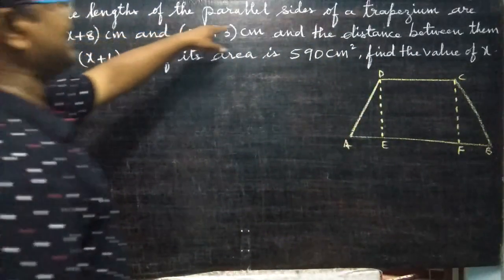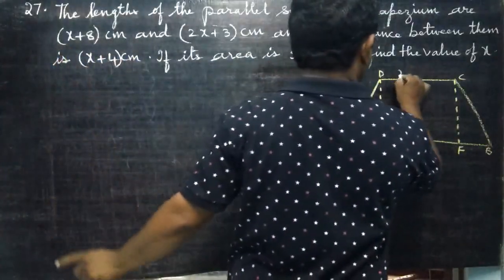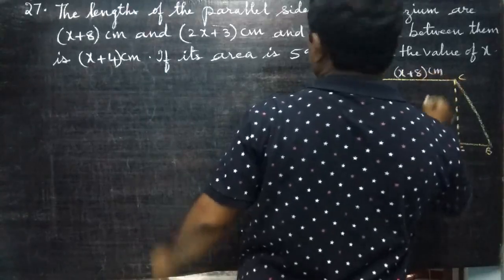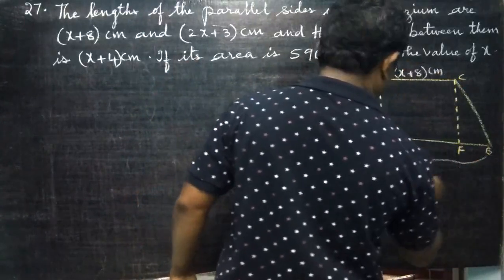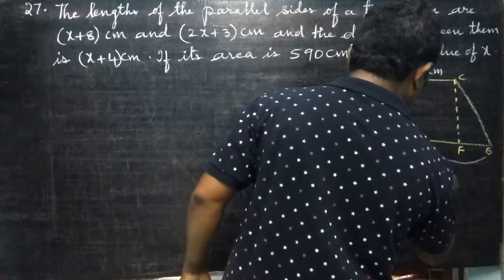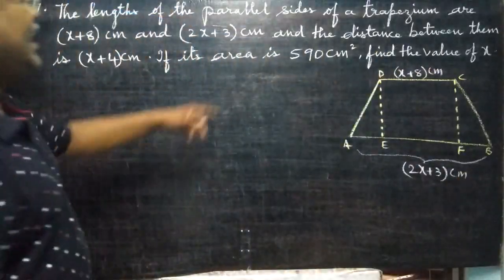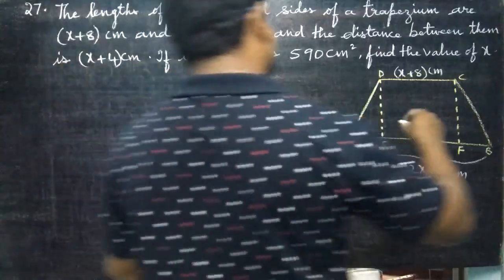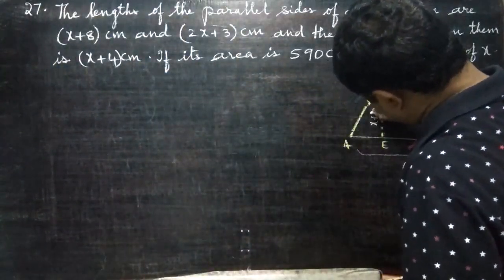The lengths of parallel sides of a trapezium are x plus 8 centimeters, this is x plus 8 centimeters, and this AB is 2x plus 3 centimeters, and the distance between these parallel lines is x plus 4. So this dotted line is x plus 4.